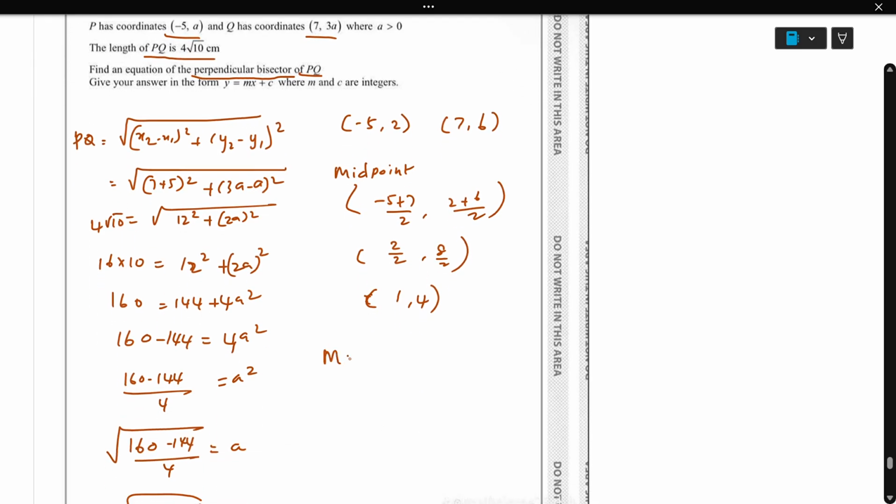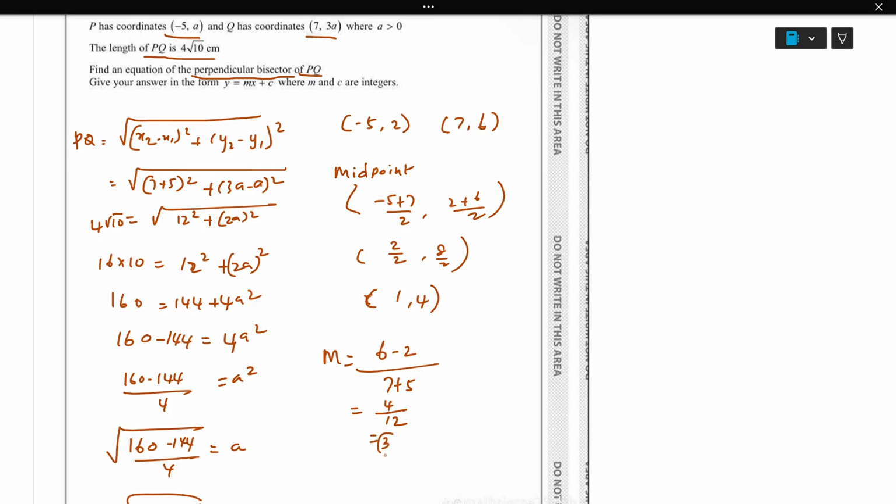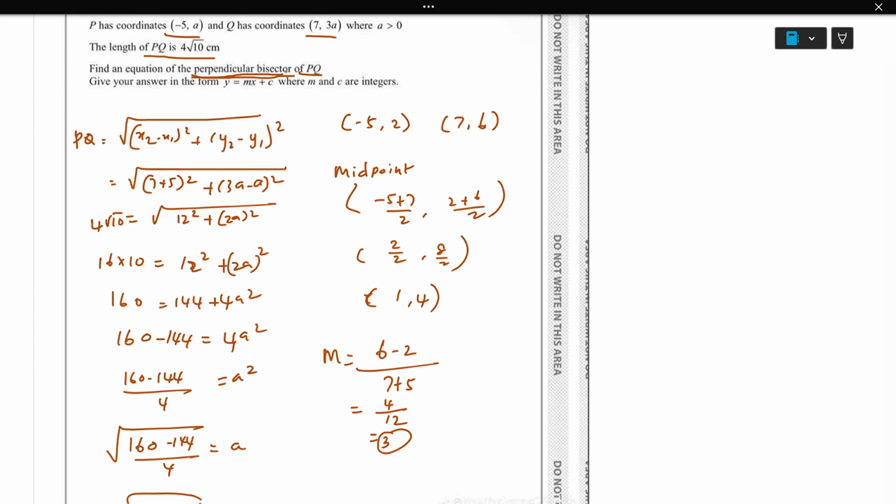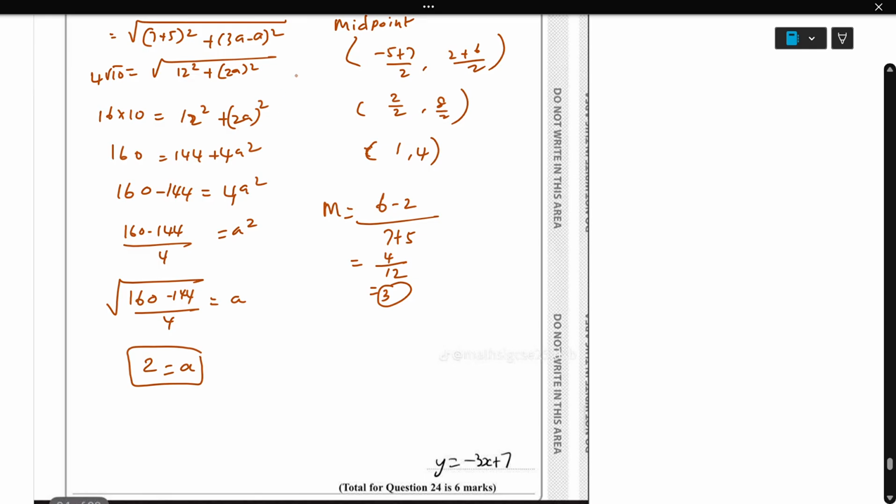So gradient m, change of y, 6 minus 2 over 7 plus 5, because 7 minus of minus 5, 7 plus 5. So here is 4 by 12, which is equal to 1 by 3. But we have a perpendicular bisector, perpendicular line. The gradient is going to be the negative reciprocal. So the new perpendicular bisector's gradient is going to be negative.